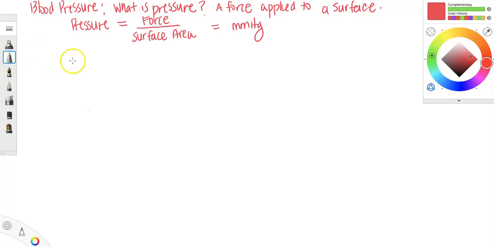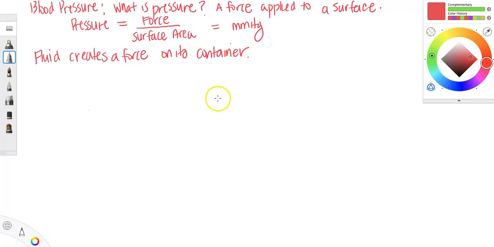So fluid creates a pressure as well. Fluid creates a force on its container, which makes sense. So you've got fluid in a container. The fluid itself is putting a pressure on the walls of that container.